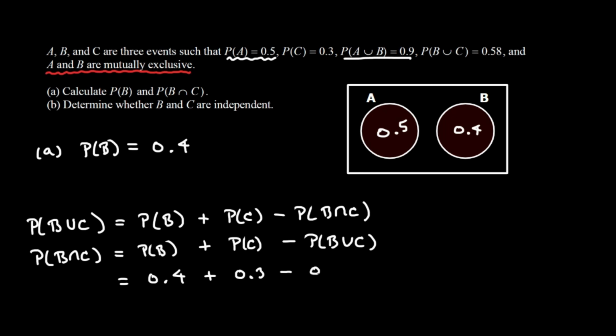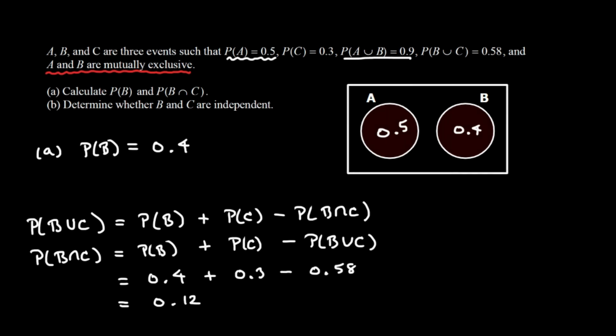We were told that that's 0.58, which means the probability of the intersection of B and C is 0.7 subtract 0.58, which would be 0.12, I believe. Yeah, 60 and 10. So 12%. Probability of B and C is 12%, or 0.12.